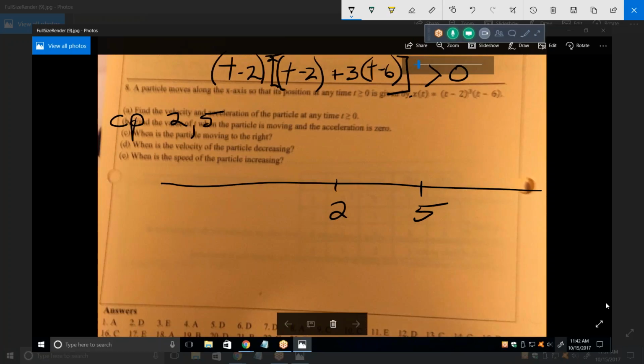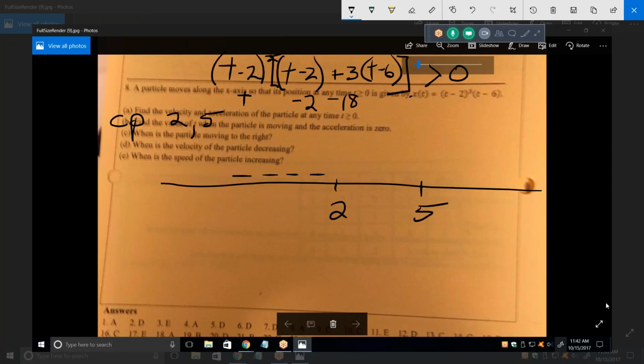Let's plug in 0 for t. That becomes plus. That becomes a minus 2 minus an 18. So that's a positive times a negative. That's negative in that range. Plug in a number between 2 and 5.